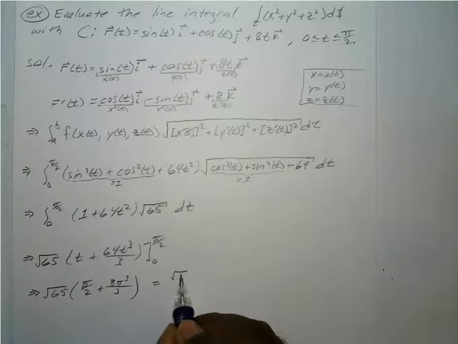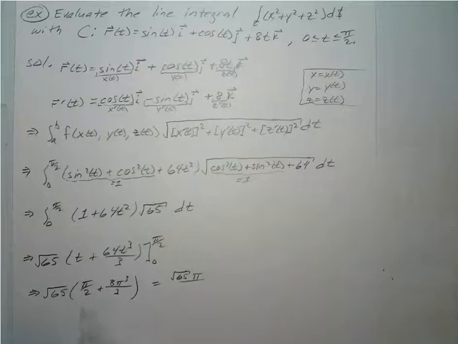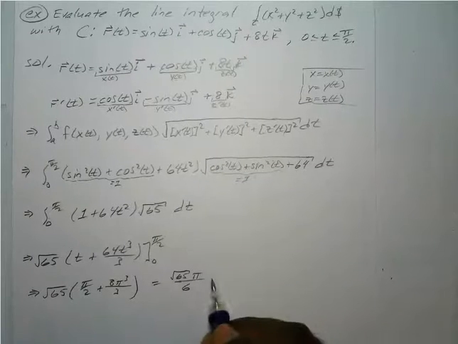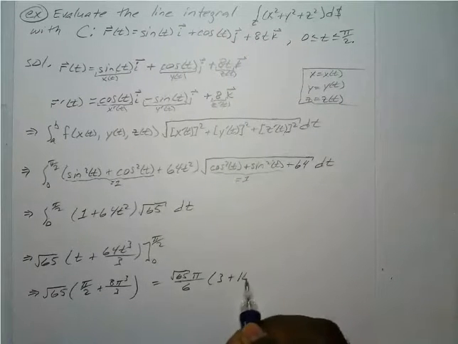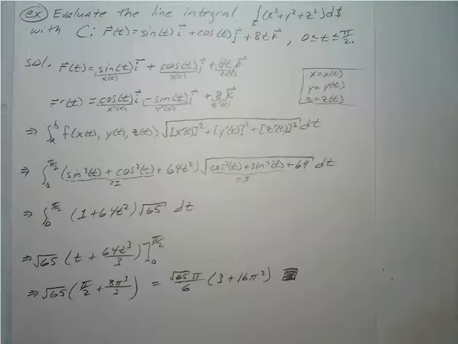Okay, so that would be square root of 65 pi, once you simplify it, over 6 times 3 plus 16 pi squared. Alright, so it's pretty straightforward once you plug everything in.